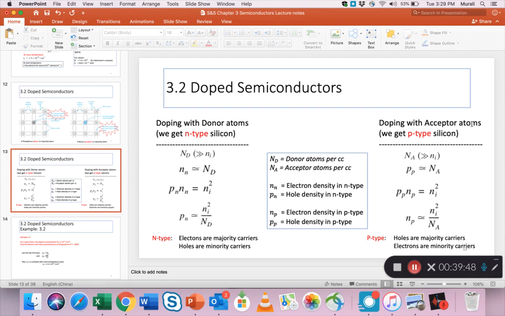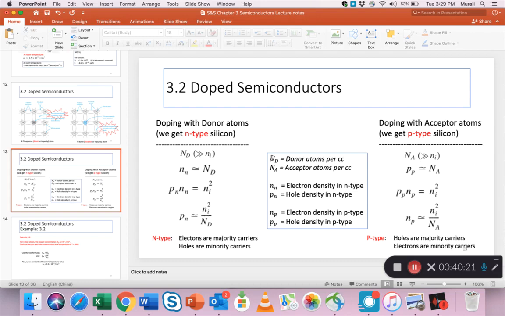On this side, when we dope with acceptor, we get what's called p-type silicon, because there are more positive charges, which are also holes. Those are floating around, right? That's why it's called p-type. So p-type has a lack of electrons compared to intrinsic silicon, and n-type has a surplus of electrons compared to intrinsic.